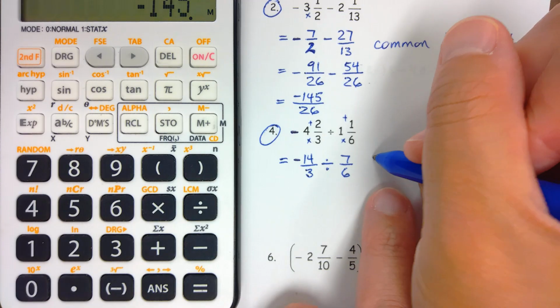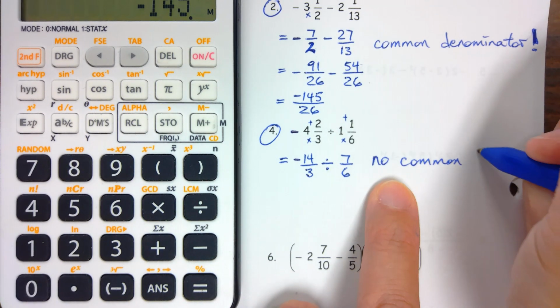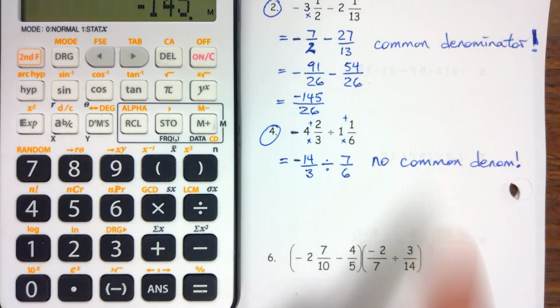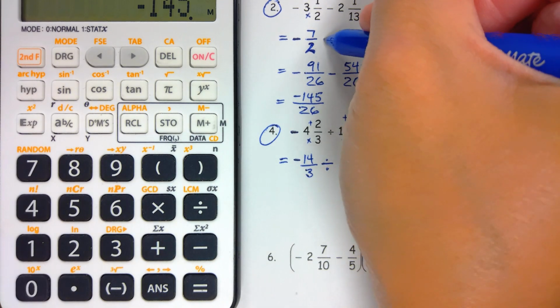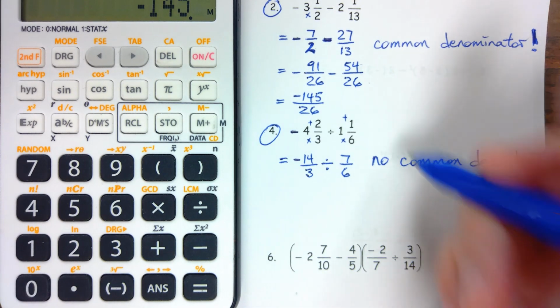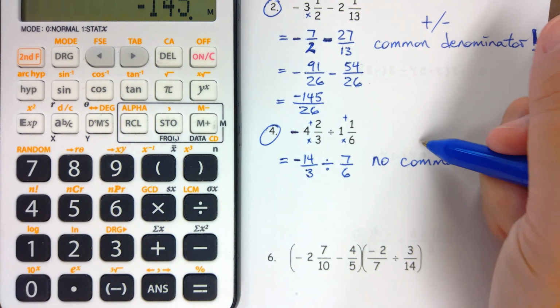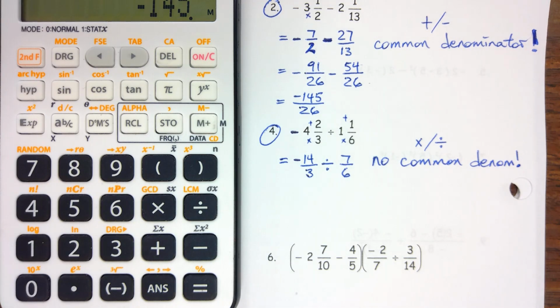So here, no common denominator. I don't need it. Right. What's the difference? Why did I need it here? Because I was adding and subtracting. So when I add or subtract, I need the lowest common denominator. When I'm multiplying or dividing, I don't. Okay.